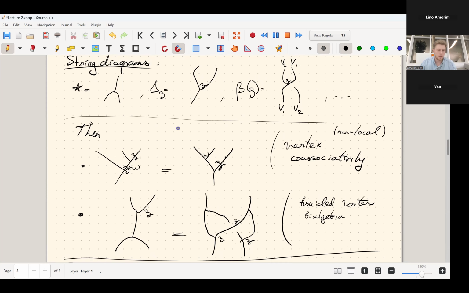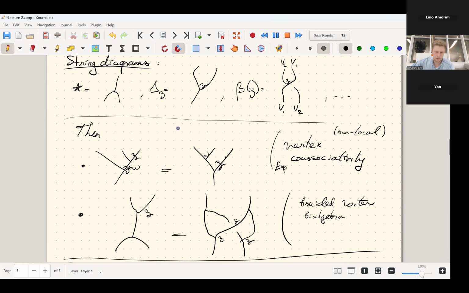On the left, we've taken the coproduct valued at z plus w, and then on the right, we've taken the coproduct at z and then at w, and these two meromorphic expressions agree.